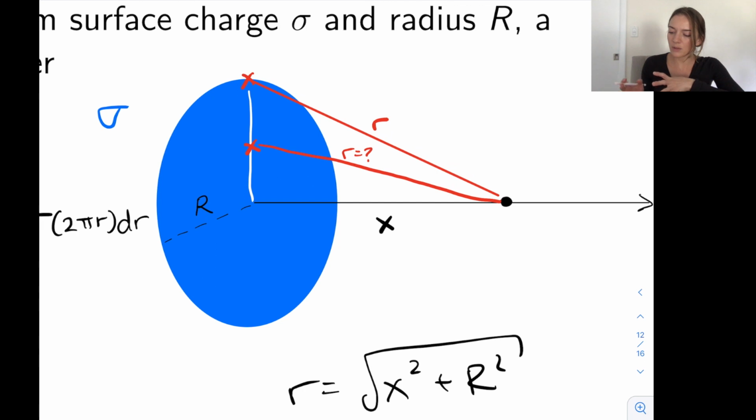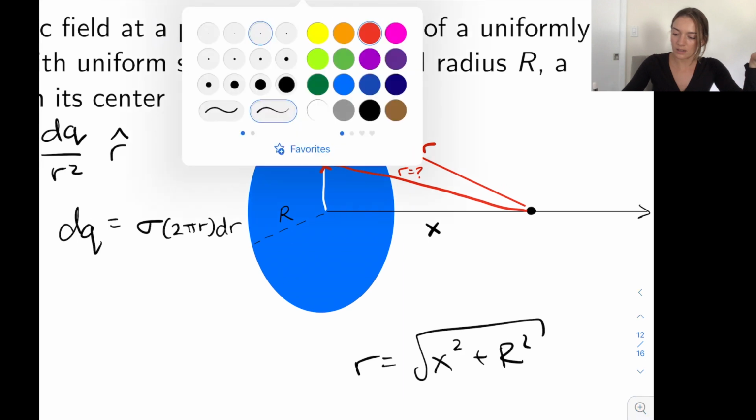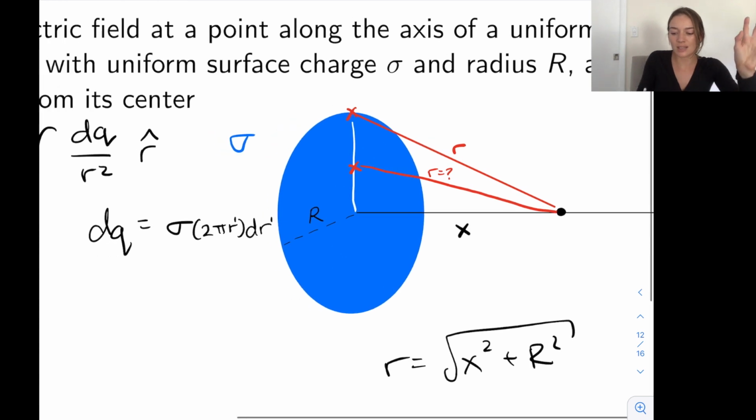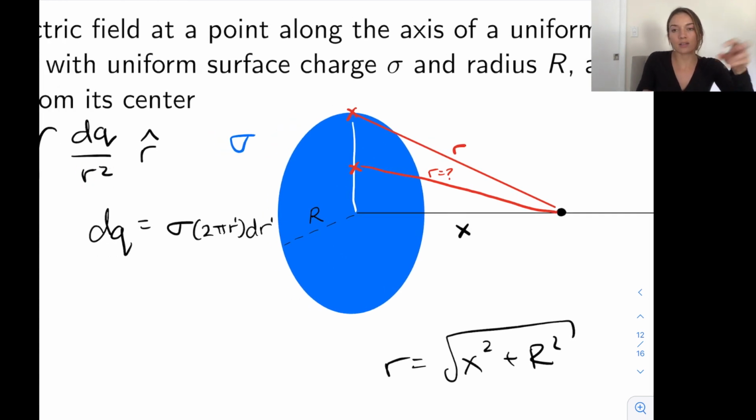So this is a little bit confusing because now we kind of have two r's that we're using: r, the length from the charge to the point we're measuring, and then r, our radius that we're integrating with respect to. So I'm just going to call this r prime, just so that it's clear that this is our variable of integration, which is distinct from the distance between the point charge and the measurement point we're looking at.